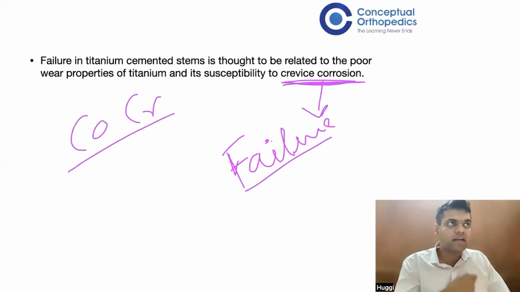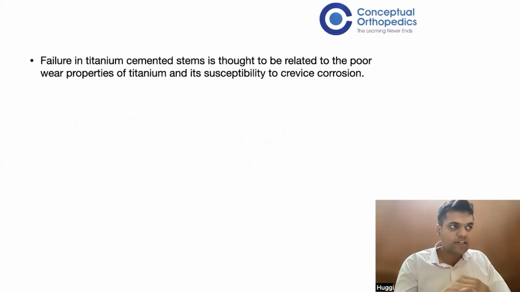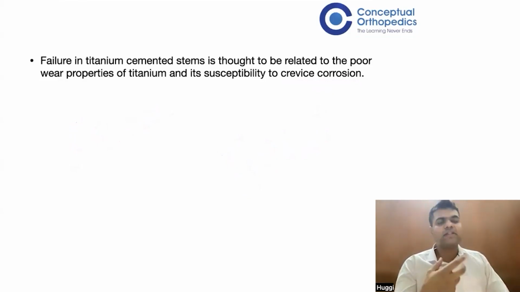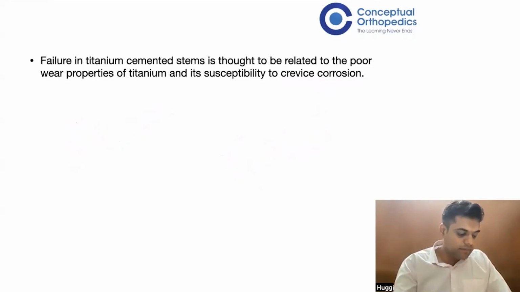Don't go for titanium stems. Okay, older generation stock clearance, they give you titanium implants for lesser cost. But the disadvantage is it has crevice corrosion. Especially if you're doing a cemented implant, don't go for a titanium implant.